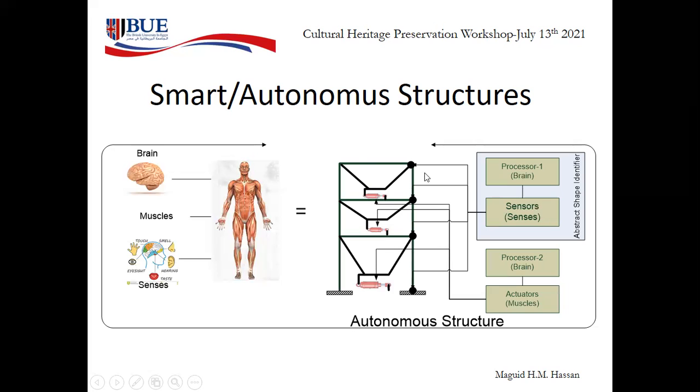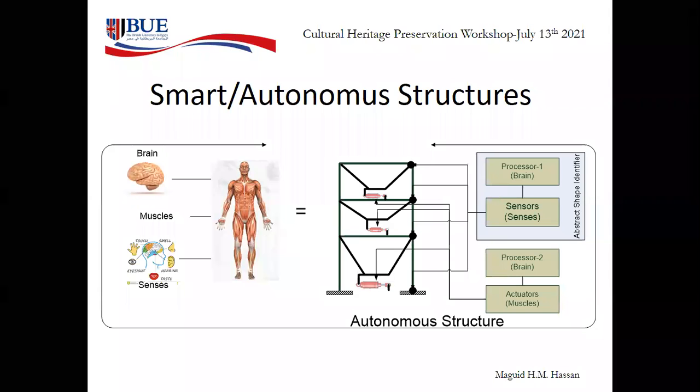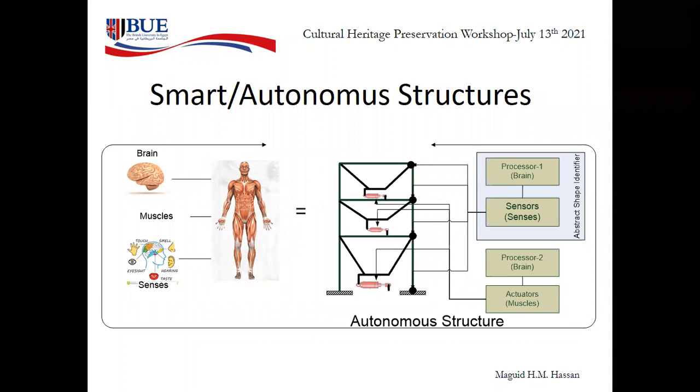And this autonomous structure or smart structure would behave similarly when it's under the effect of an excitation that was not really taken care of during the design process, which is, let's say, an extreme earthquake that was not really considered.